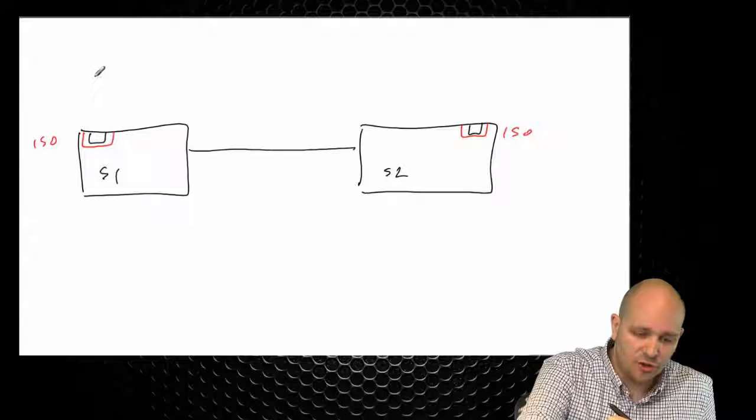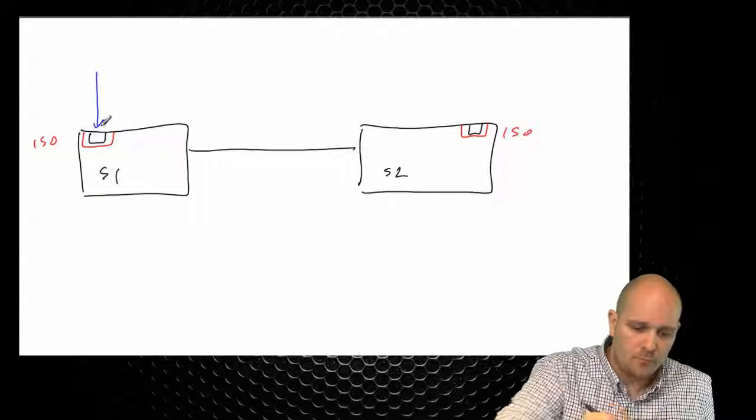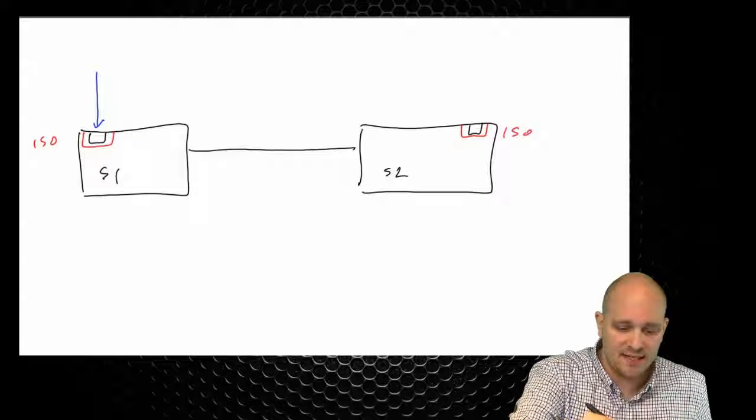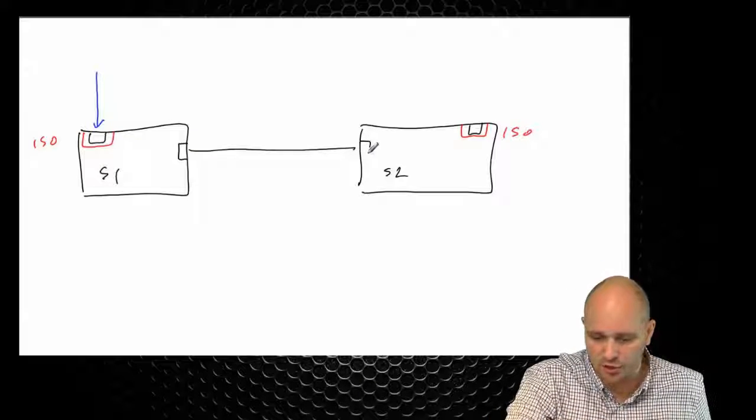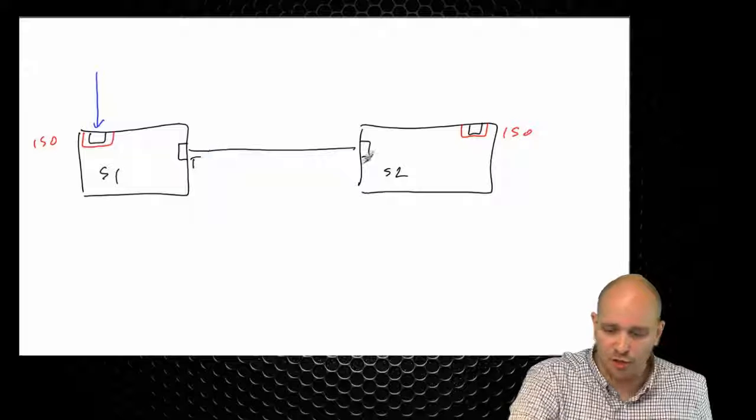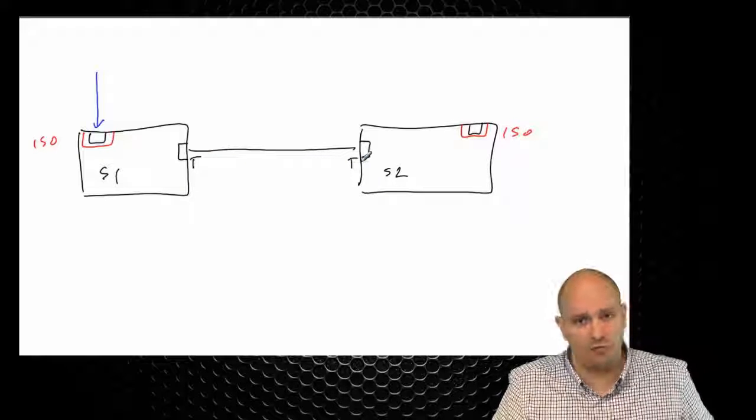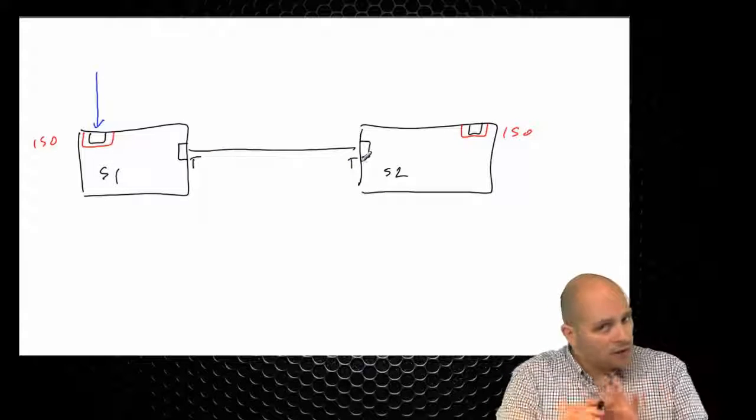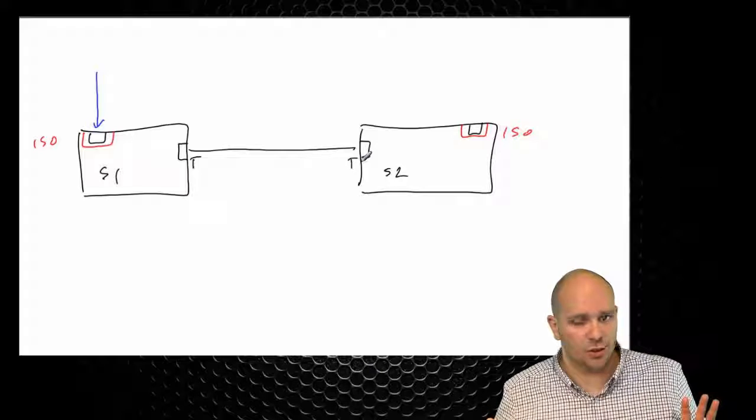Let's say that the ports interconnecting switches 1 and 2 are just regular trunks, not configured in any special way. They're allowing all the VLANs to go through.